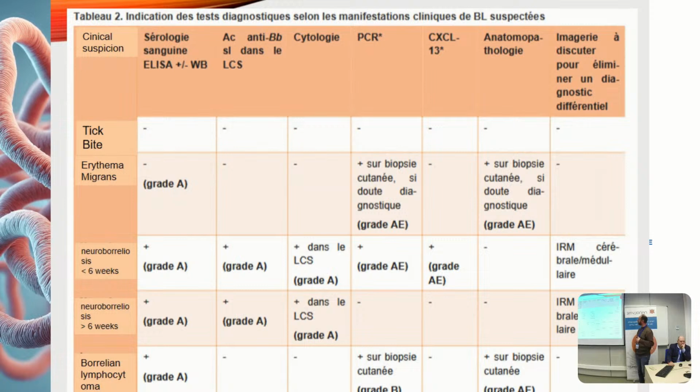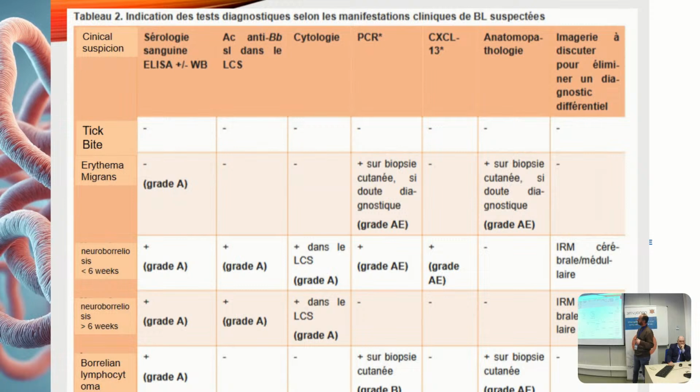But you can see that for erythema migrans, normally we don't have to do this serologic test, because at this stage there is only about a 50% probability that it is positive. So we don't need to do this test, because in many cases it's negative.